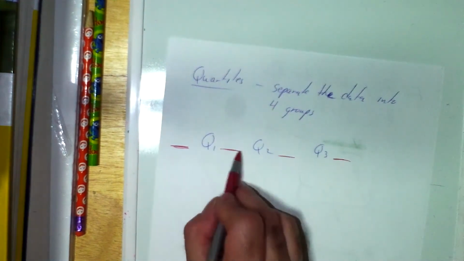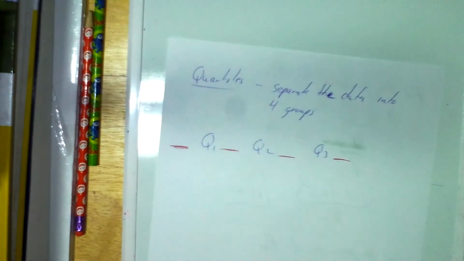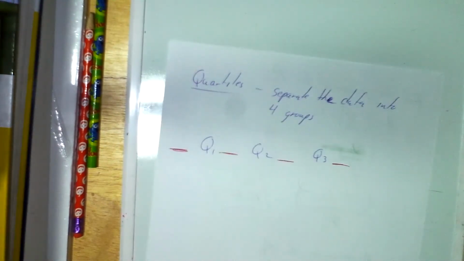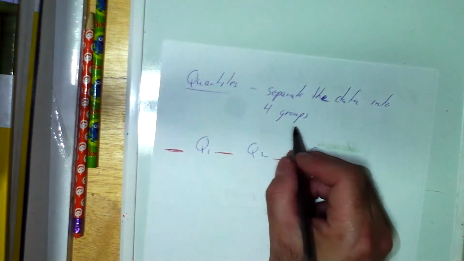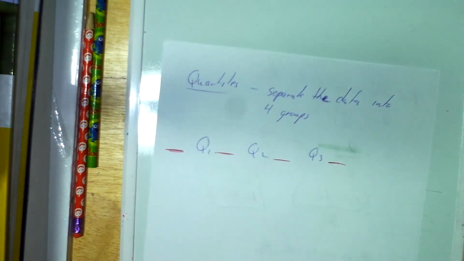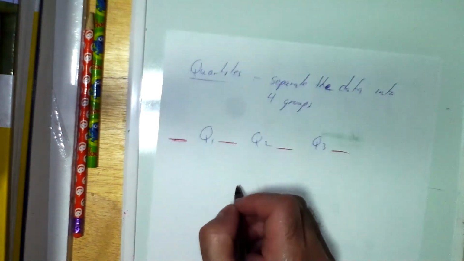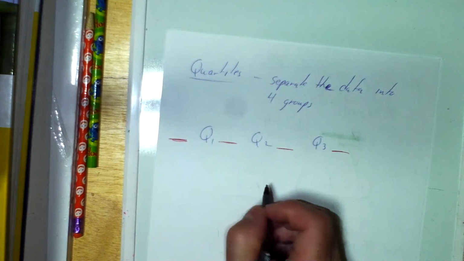There's 1, 2, 3, 4. They split it up equally into 4 groups, so they're grouped in quarters.